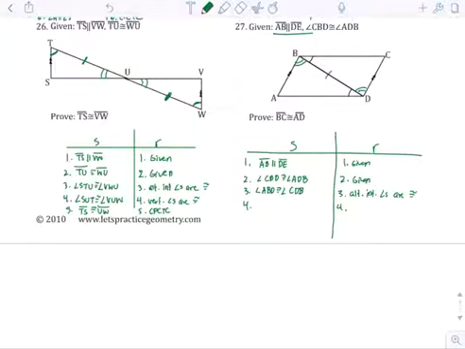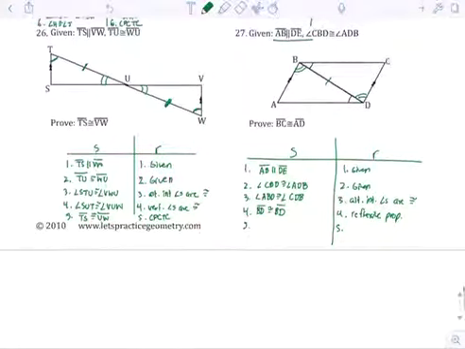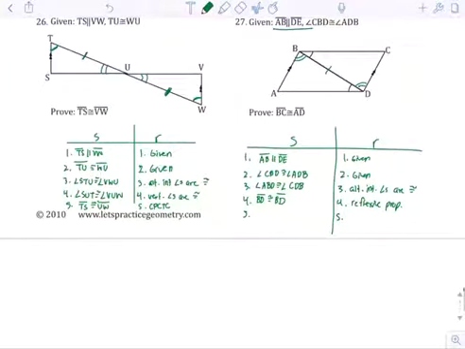And we can say that that line is congruent to itself. So BD is congruent to BD because of reflexive property. And to compare the triangles congruent to each other, we got angle, side, angle. So triangle ABD is congruent to triangle CDB.